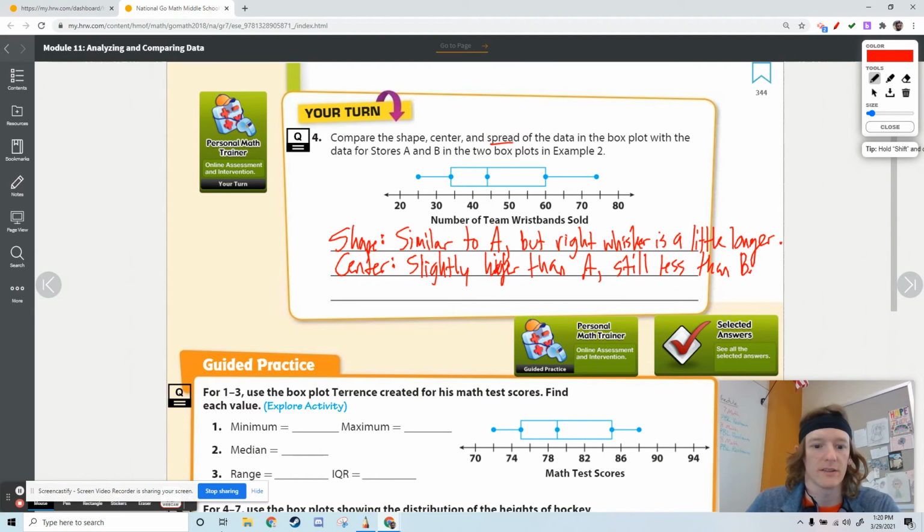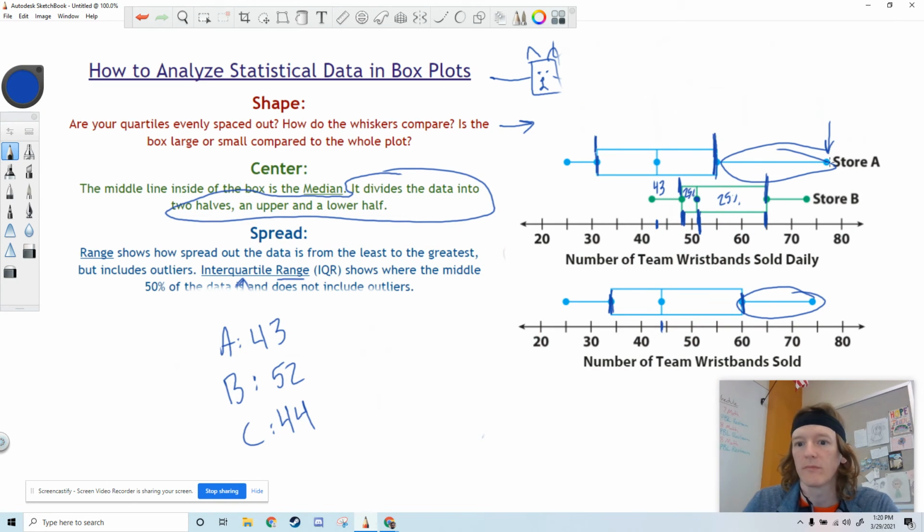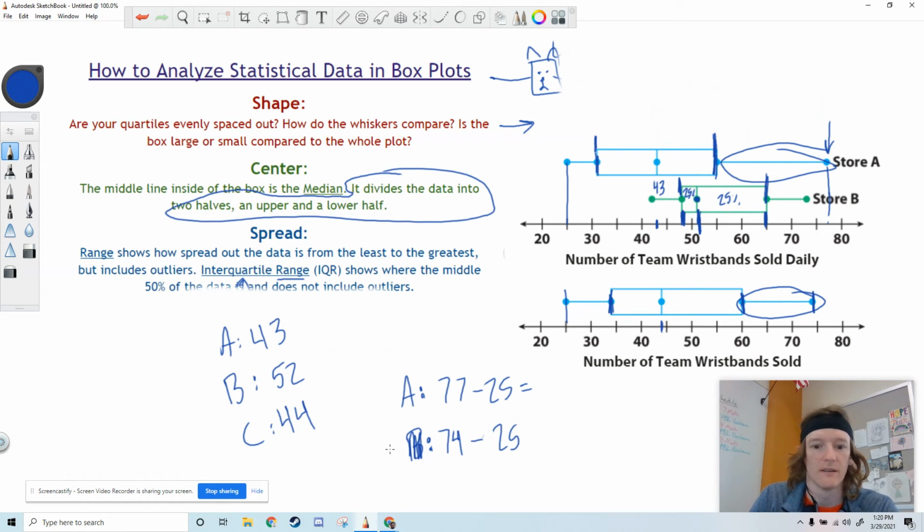And the last one, we're going to do the spread. So let's calculate the range. The range of A goes from about 77 minus 25. B, the range is from about 74 minus 25. Oh, nope, that's C. And B is about 73 minus 42.